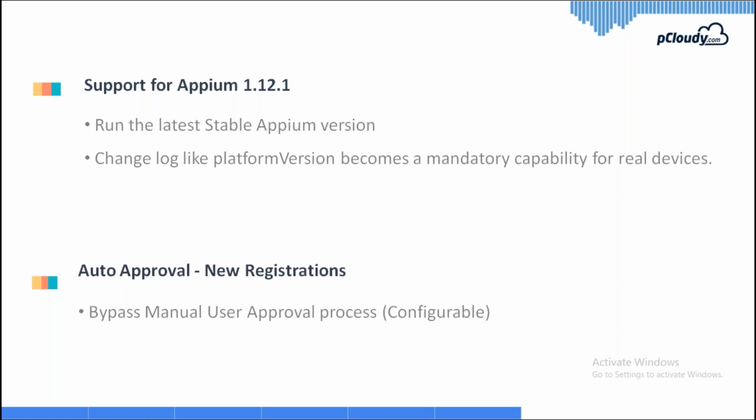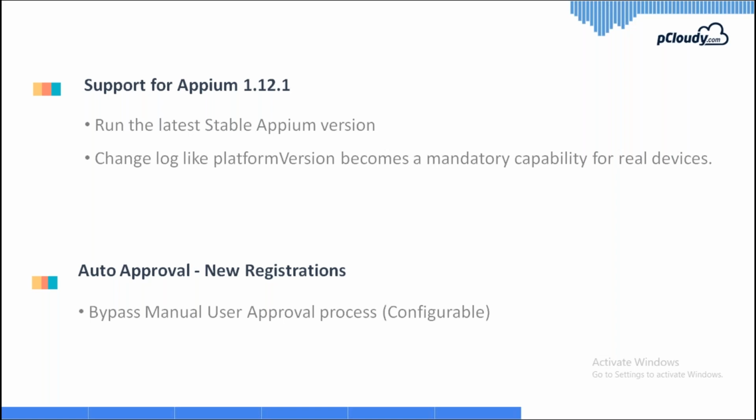But nowadays, what we are observing is a lot of customers are coming and telling us, you know what, we trust our employees. We have closed groups and we are making this available to only a couple of groups. Any user from that group who is registering with pCloudy on their setup should be automatically approved.